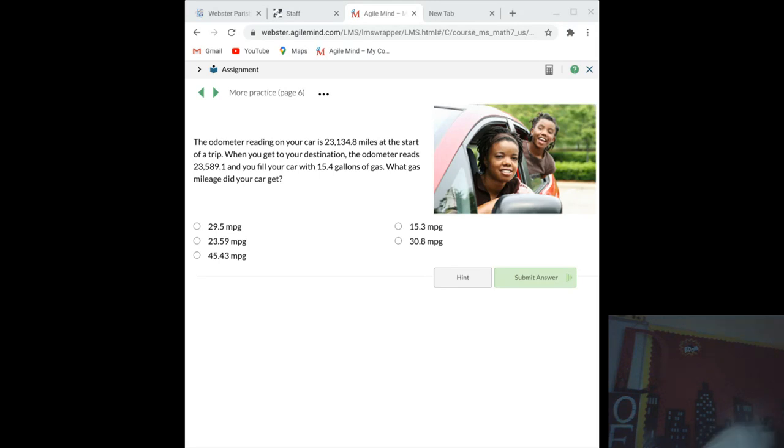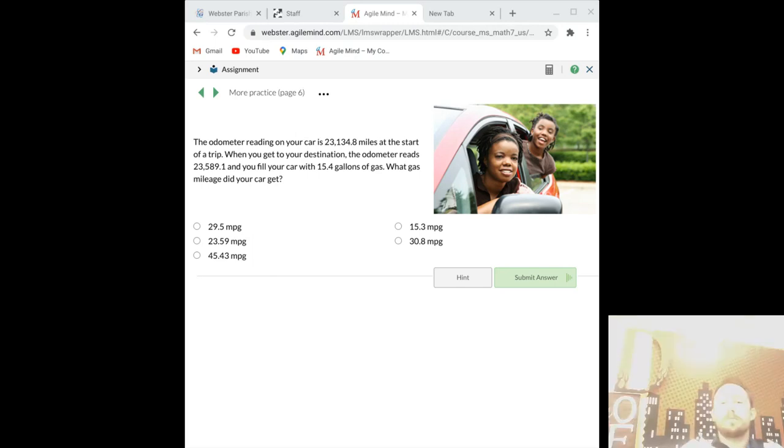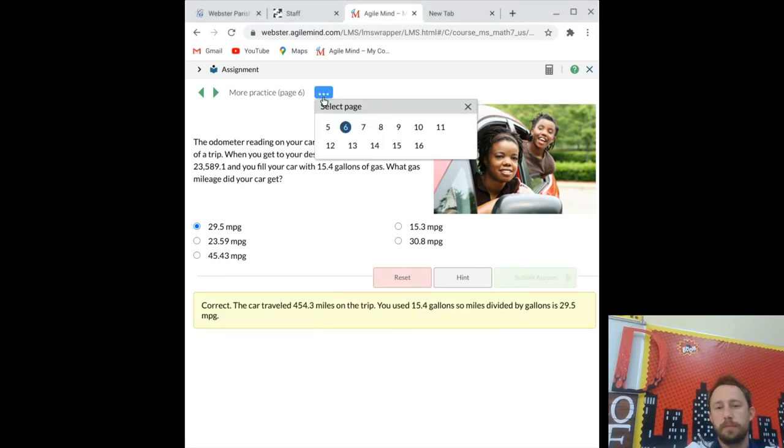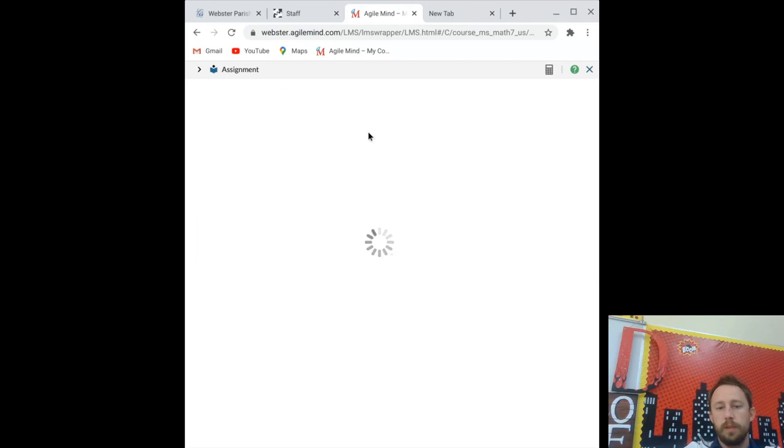Levi said they divided the second odometer reading and the first odometer reading, and divided it by 15.4. Good. And that gave us an answer of what? 29.5. Good. Number 7.